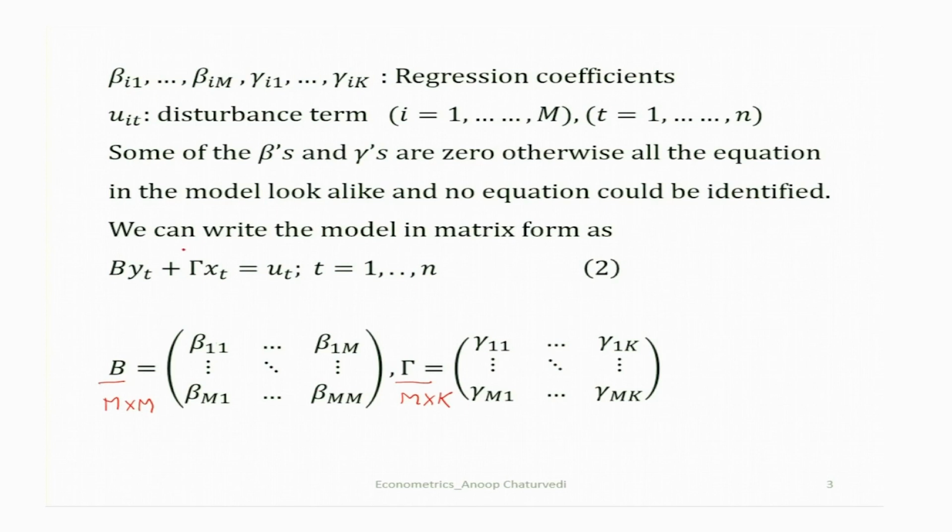Using matrix notation, we can write the model in the form B y t plus gamma x t equal to u t, t equal to 1 to n.